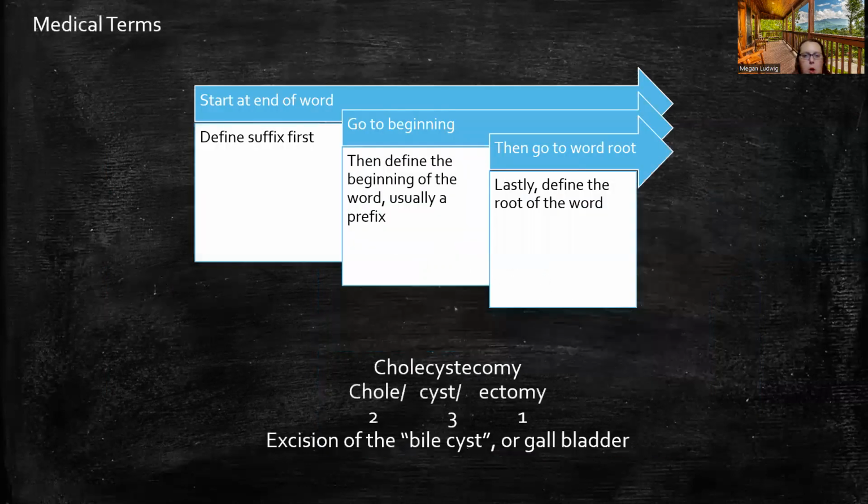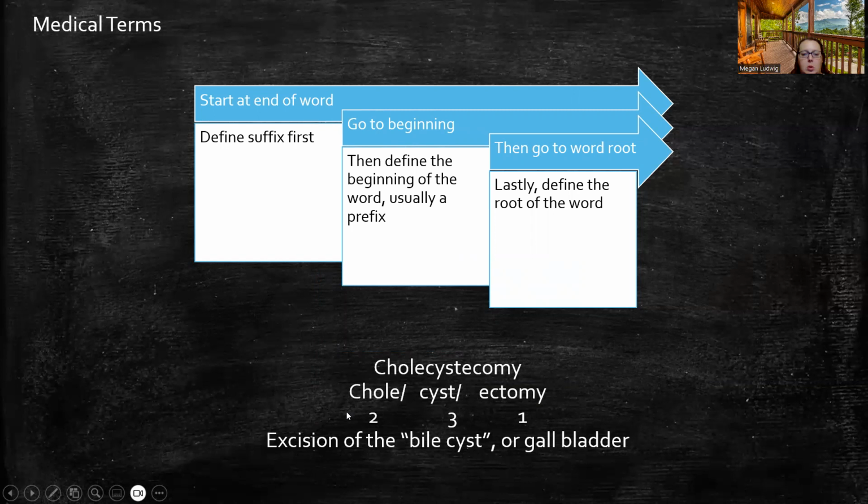So let's look at that. How does that work? Okay, so let's take this term, cholecystectomy. The end term here, and there should be a T here, my bad, is ectomy. I put a number 1 here because that's the first thing we do. This is a suffix. Ectomy is a suffix, which means, you look over here, excision, you're taking something out.